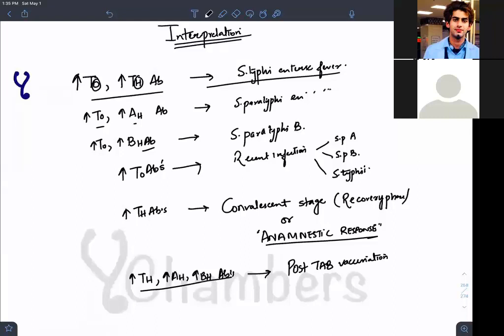Just these two. Who is having these antibodies right now will have that infection. The principle is that. Is it clear? Remember this: O antigen and H antigen.